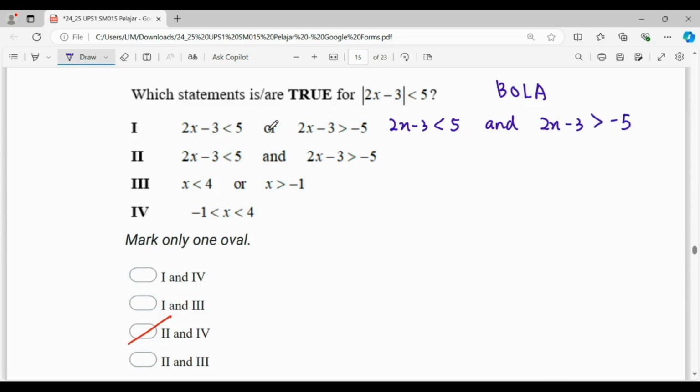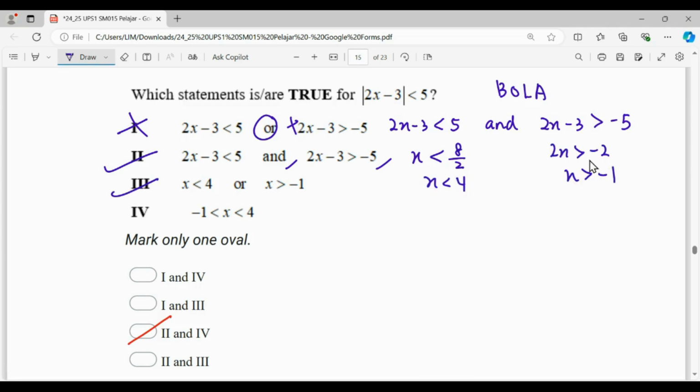So first of all, we can see the definition or is wrong. The definition and, yes, it is true, and then one side is positive, one side inserts negative and changes sign, so number 2 is true. Then we try to simplify here. So 8 over 2, x less than 4. So divide by 2, x more than 1. So this is true, our solution. Therefore, we have 2 and 4.